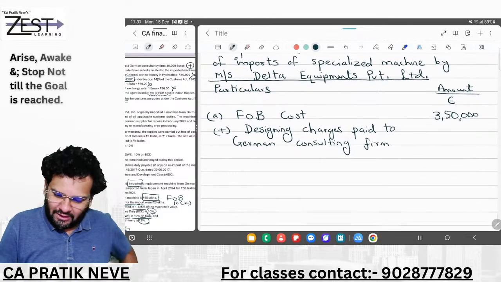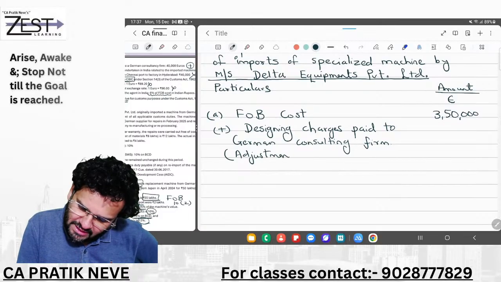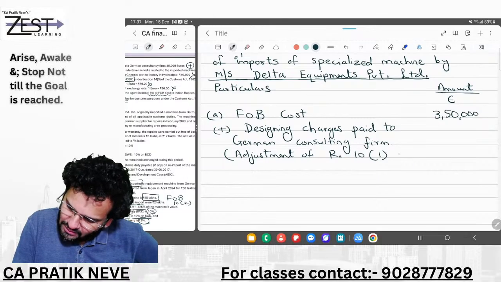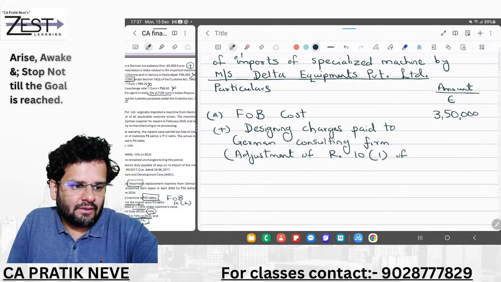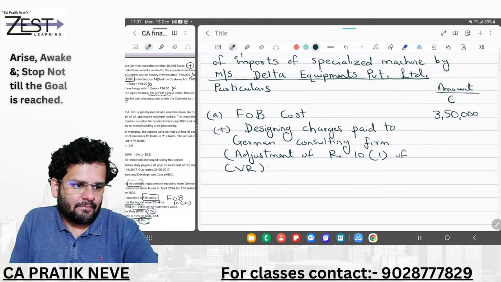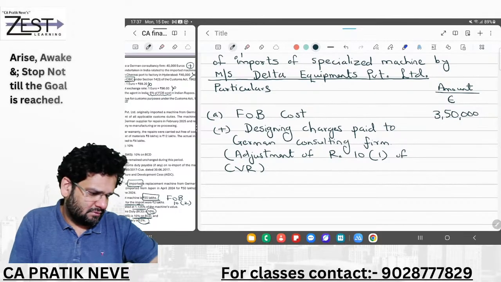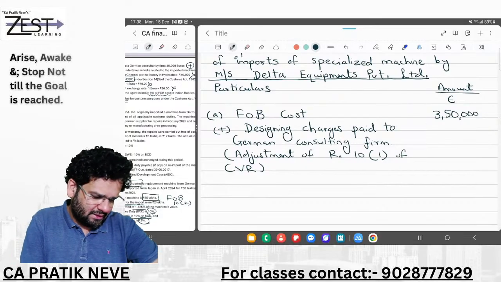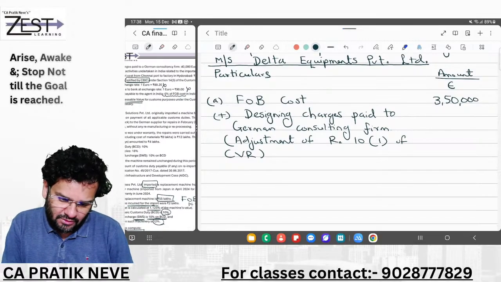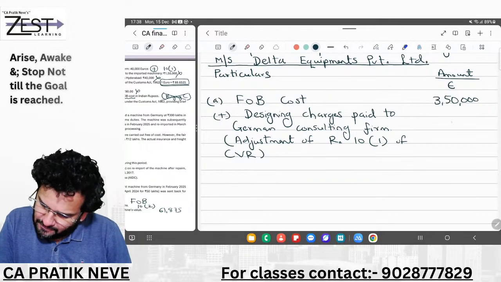It is an adjustment of rule 10(1) of customs valuation rules. Yeah, it is adjustment of rule 10(1) of customs valuation rules. Isn't it 40,000? Yeah, it is 40,000.